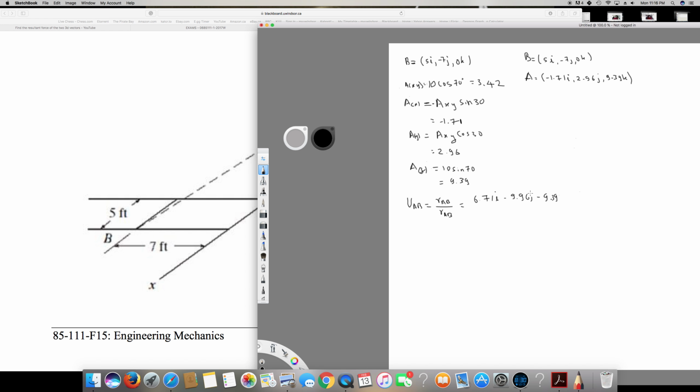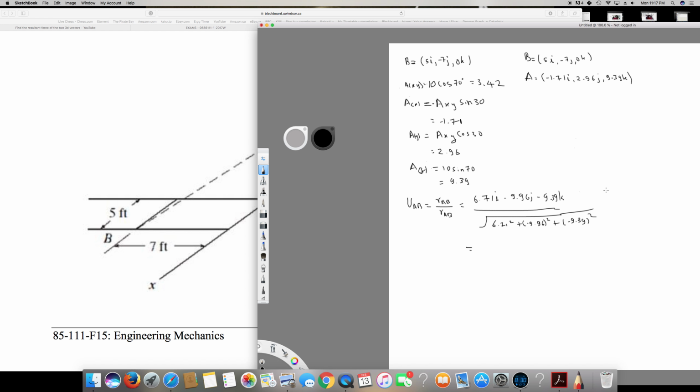So this is going to be the ijk vector over the square root of 6.71 squared plus negative 9.96 squared plus negative 9.39 squared. Let's calculate this value.